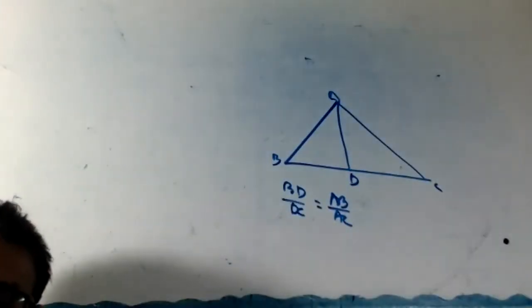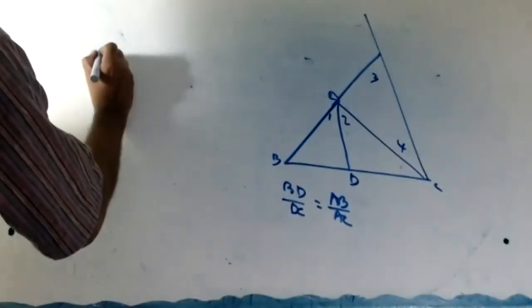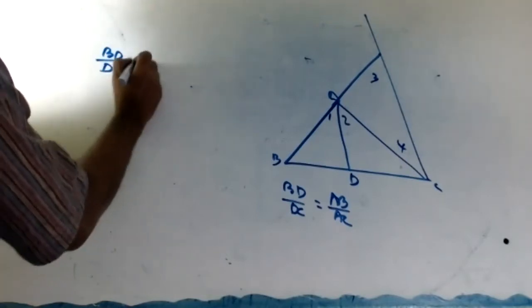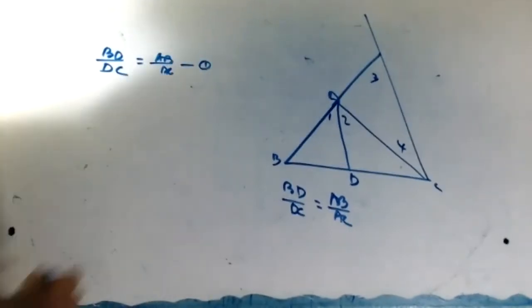Okay. What you did? Look, a construction here, parallel. Okay. 1, 2, 3, 4. Just like a converse. Look, BD by DC equal to AB by AC. Number 1.